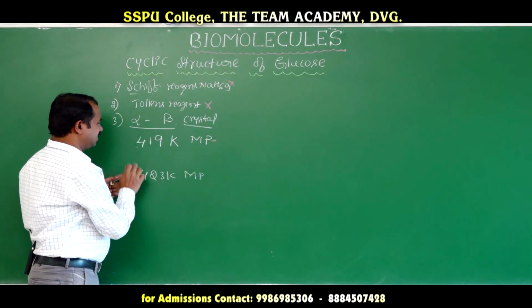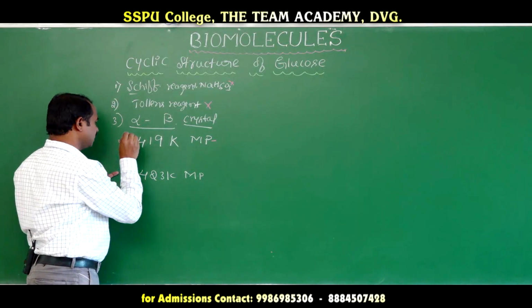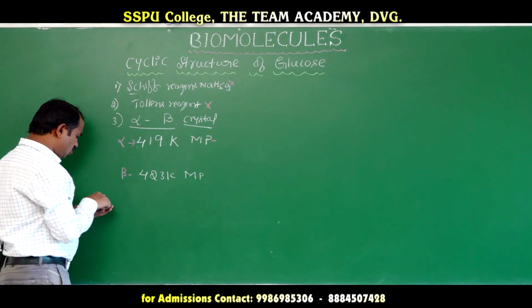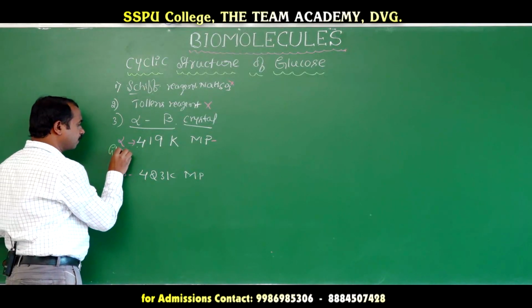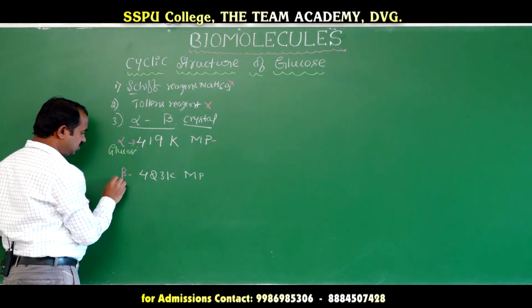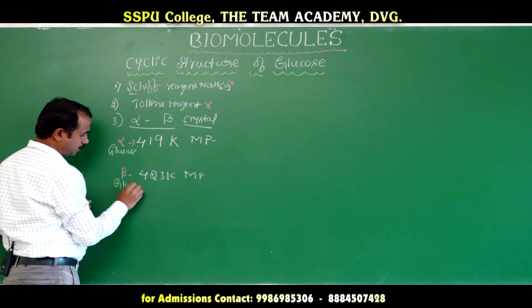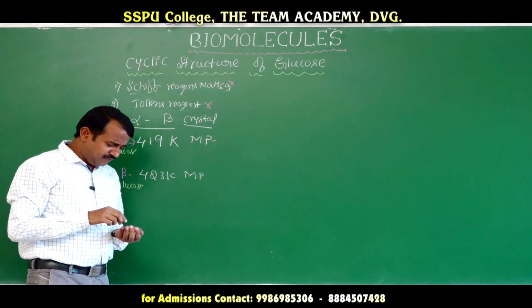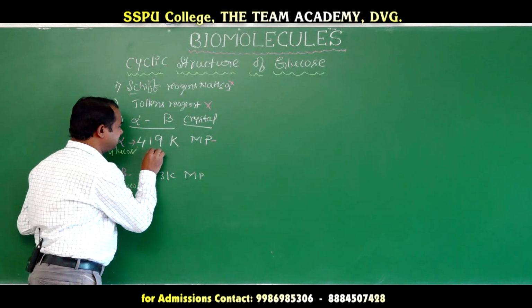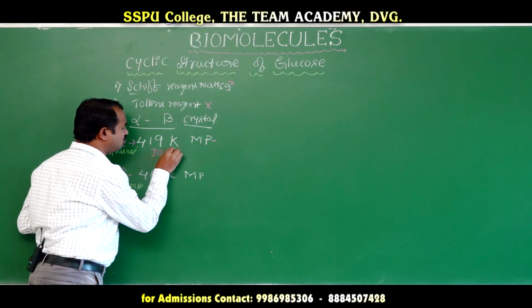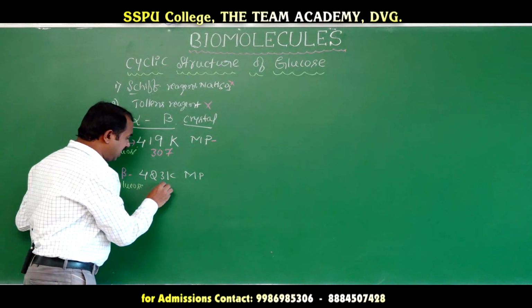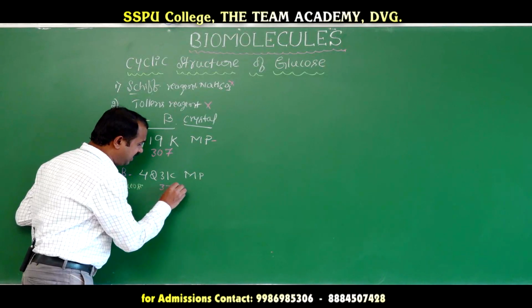This is alpha glucose, and this one is beta glucose. For recrystallization in aqueous solution, alpha glucose is 307 Kelvin and beta glucose is 371 Kelvin.